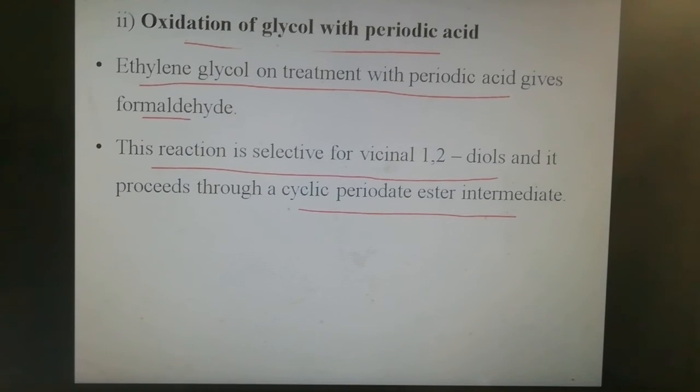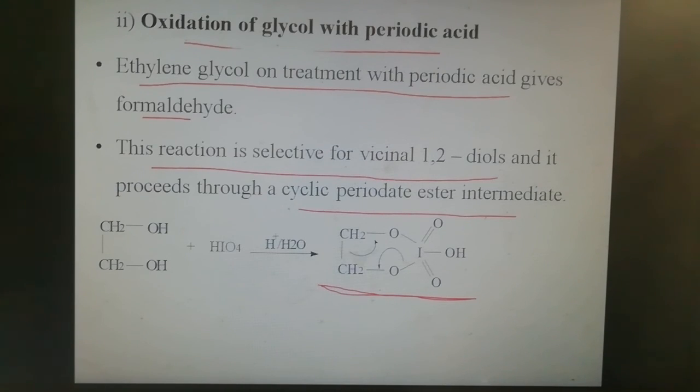For the equation, ethylene glycol treated with periodic acid forms the cyclic periodate ester intermediate. Then decomposition of the cyclic periodate intermediate forms formaldehyde.